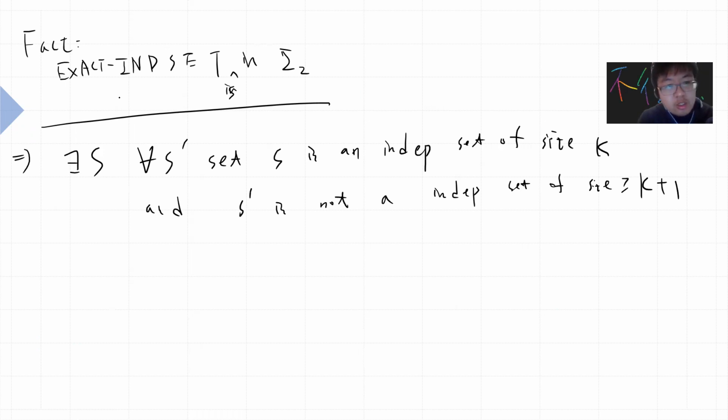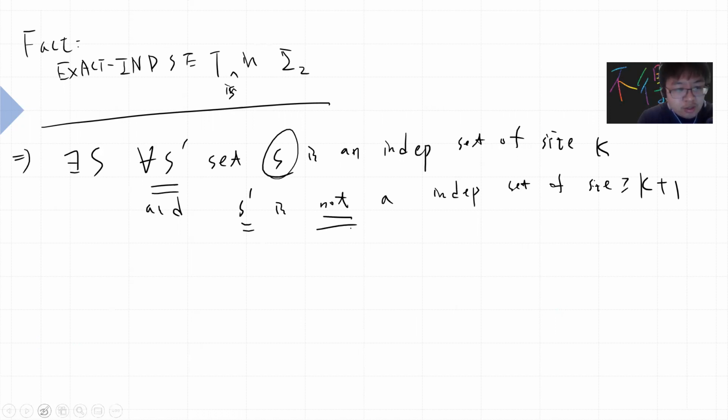So you see, this asks whether your independent set is exactly k. This is the same as: there is S, and for every S prime, S is an independent set of size k, meaning somebody gives you the certificate, and for every S prime with size larger or equal to k plus 1, it is not an independent set.